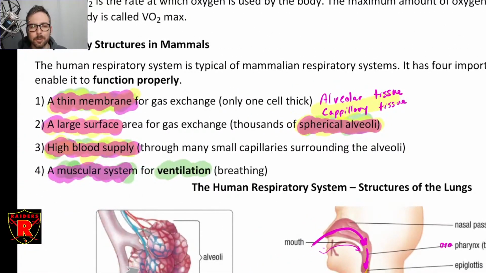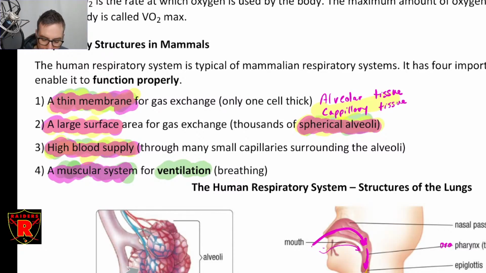If you had alveolar tissue that was just exposed on the surface of your body and you touched it with a finger, you would probably severely damage it. You would have inflammation just from mild contact.